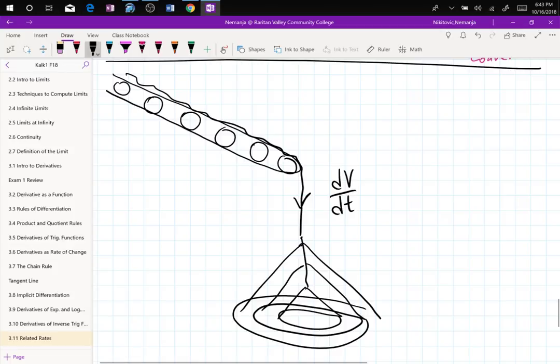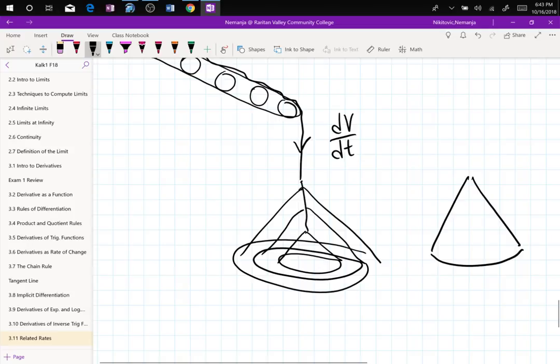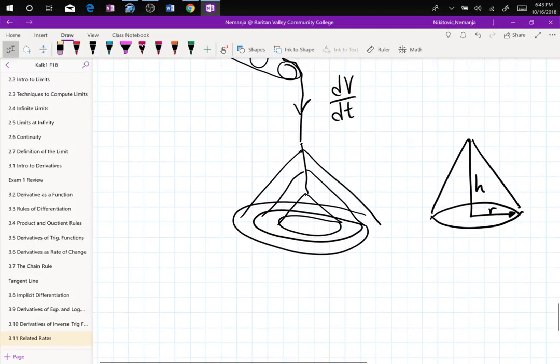And you have a cone, which I'm going to draw now on the side. And in this cone, you have the height h, and you have the radius r. Now, what is the volume for the cone? Perfect. Volume for the cone is 1/3 pi r squared h.